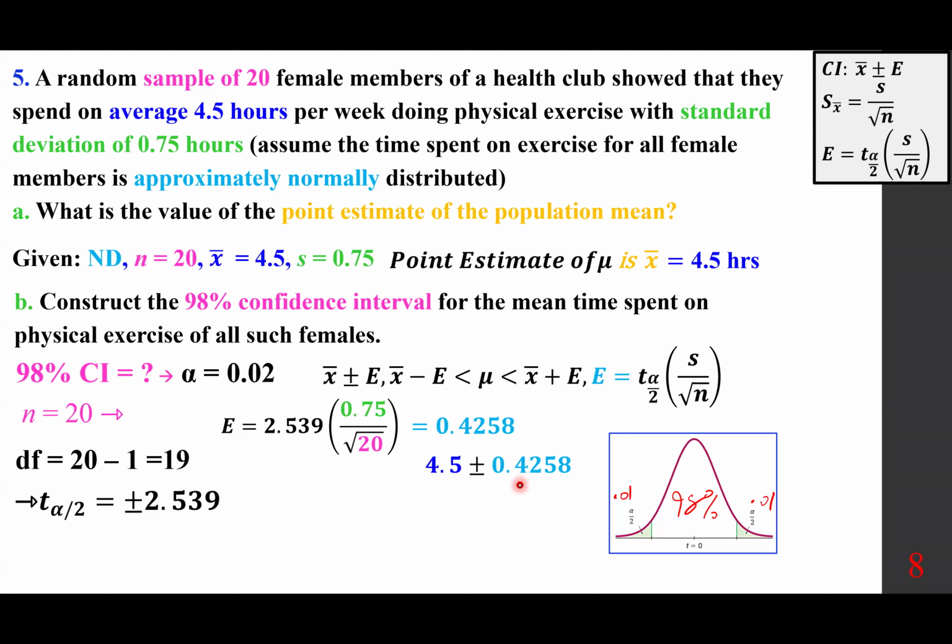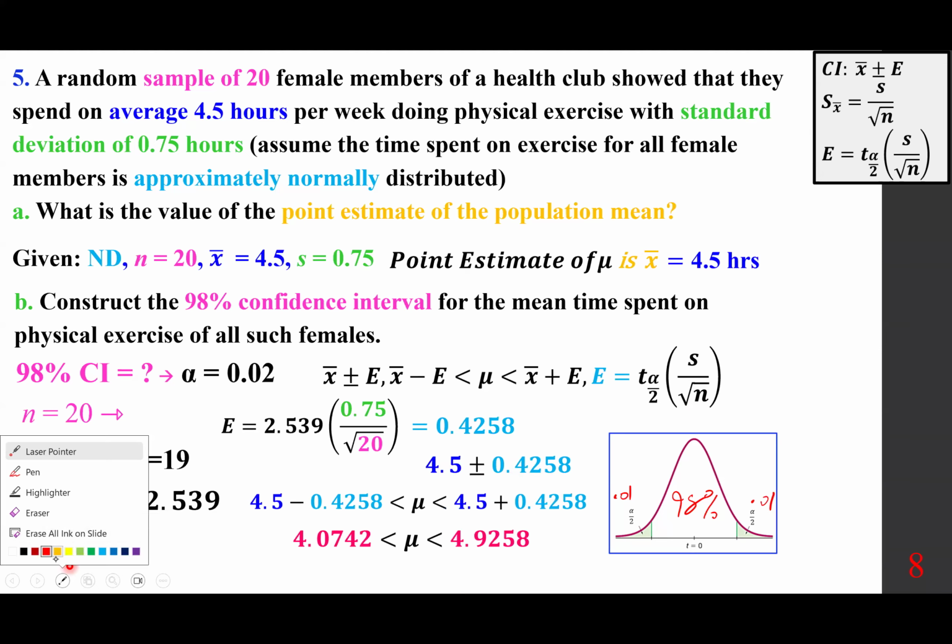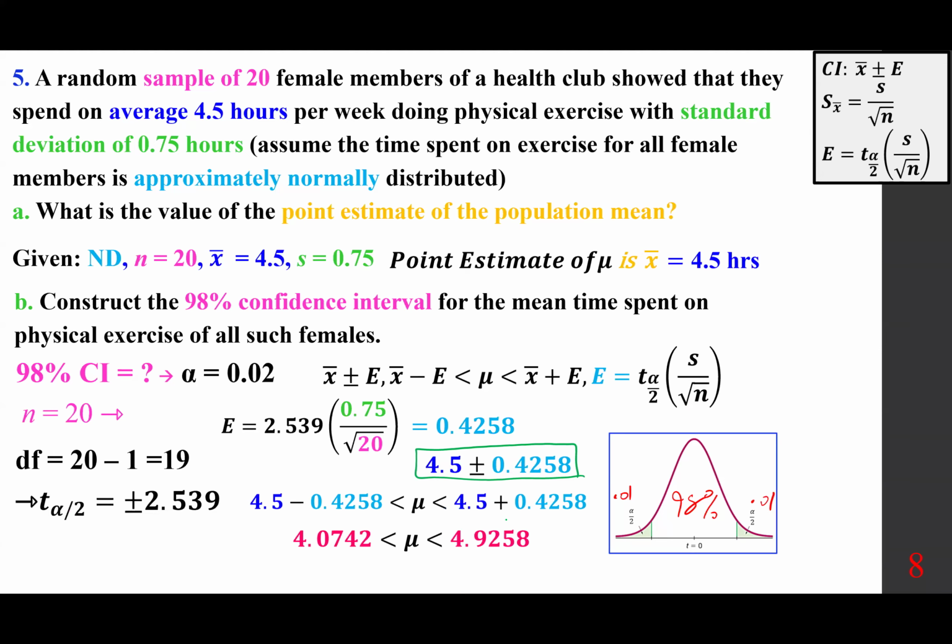The other one is that mu is between the two numbers, 4.5 minus this and 4.5 plus that, which gives you the following. It's extremely important to understand that there are two different ways of reporting this, everybody. This is fine, so is this. Use whichever they ask you.